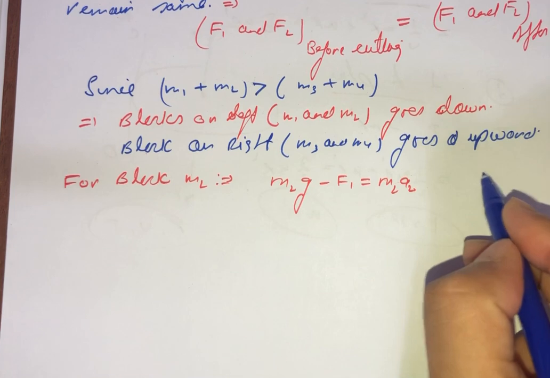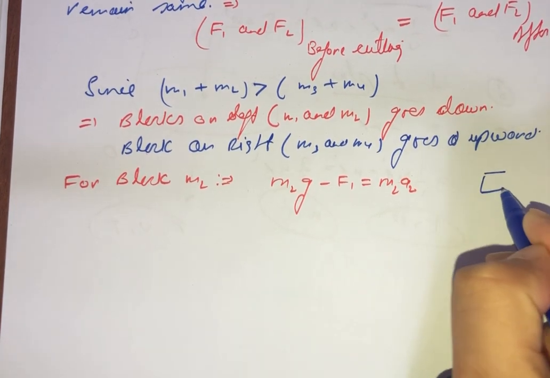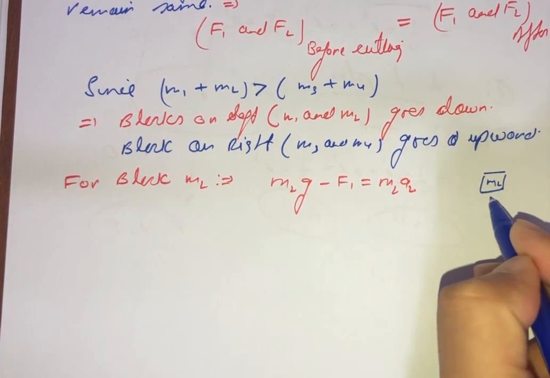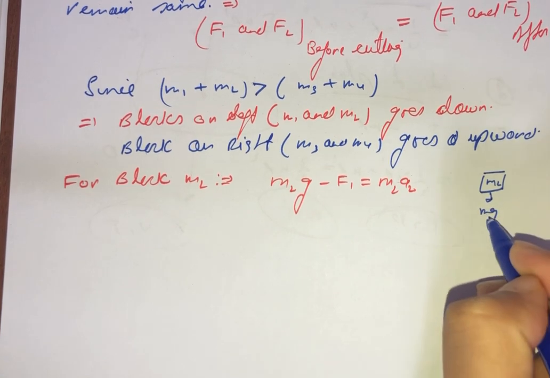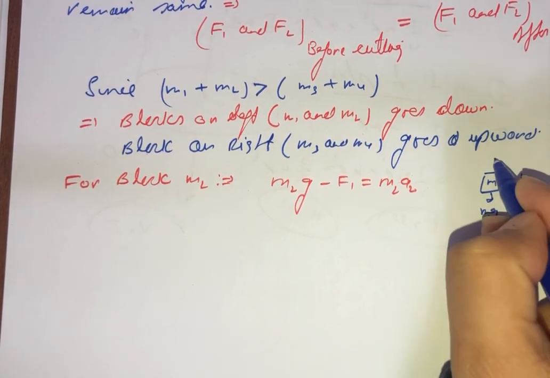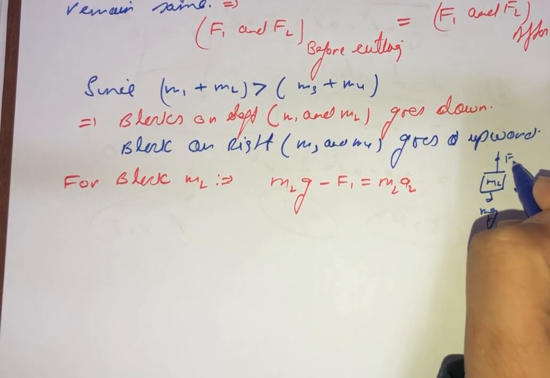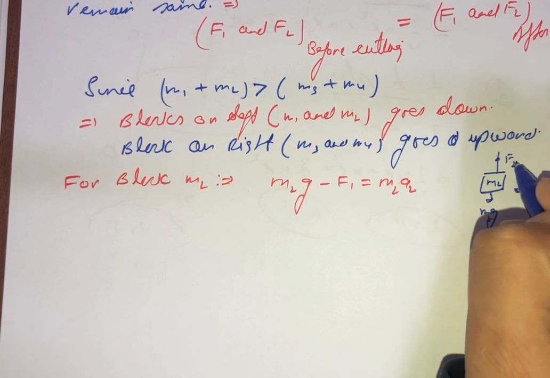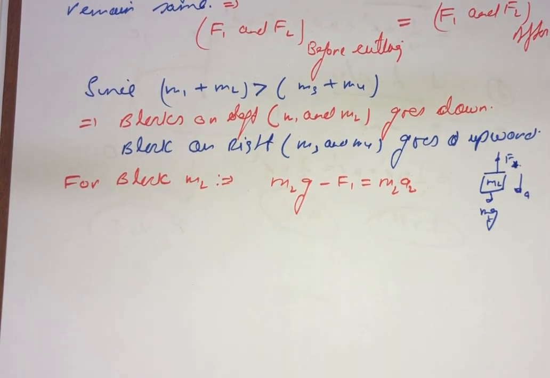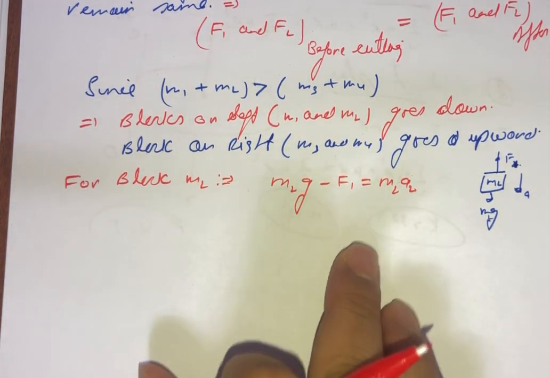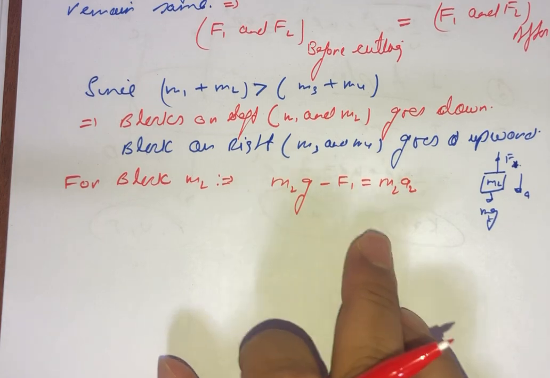So simply we can draw the diagram also. This is M2, we have M2G, and we have A2, and this is our F1. And we have already found F1, we are going to put the value here.